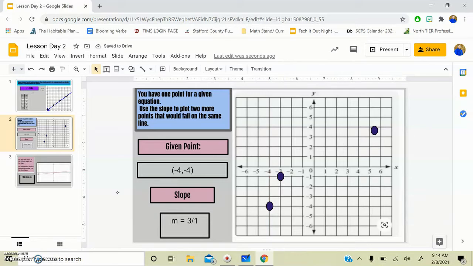So I can see that my new point is at negative 3, negative 1. Then I'm going to move my other point. I'm going to move it up 1, 2, 3, and then over 1. Then I can see that it is at negative 2, 2.